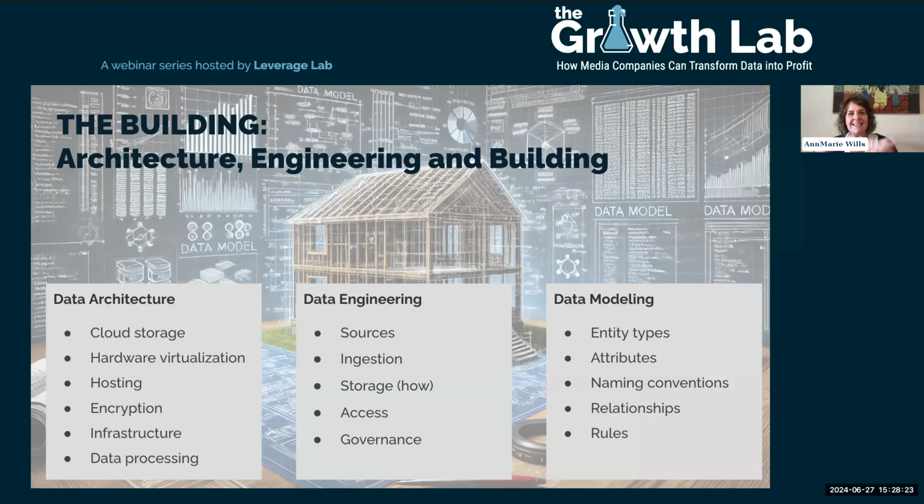What are those entities, those things that exist within the model? And then the attributes about them, what's important to know, how things get named from a naming conventions perspective, the relationships between all of this data, that's critically important. It's like the connective tissue that makes your lifestyle wonderful within your home, and then the rules that exist around how that data is managed.